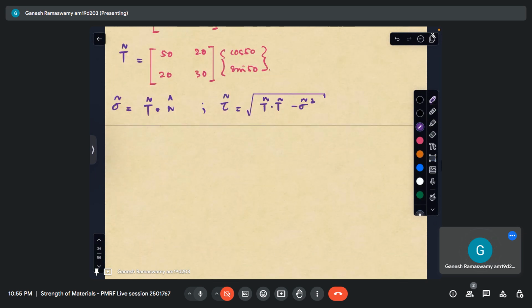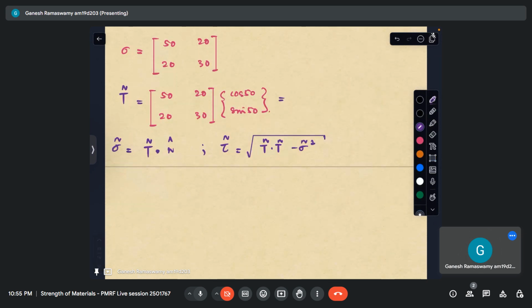So if I were to multiply this out, this comes out to be 50 cos 50 plus 20 sin 50, which comes out to be 47.46, and 20 cos 50 plus 30 sin 50 comes out to be 35.84.